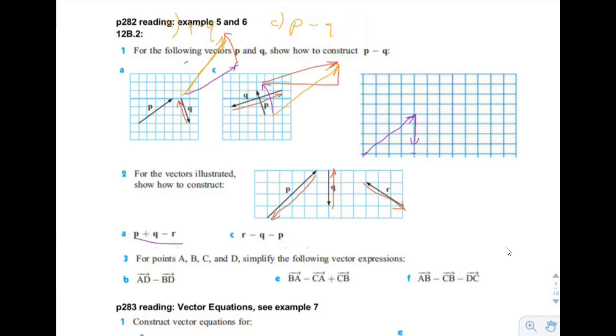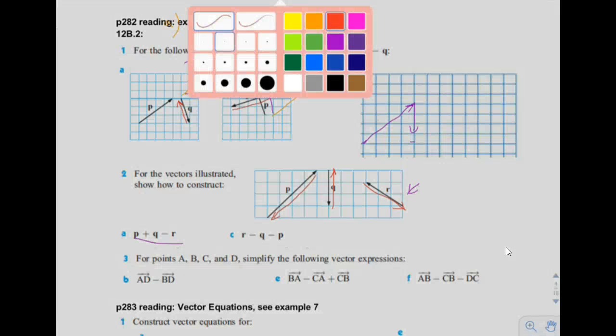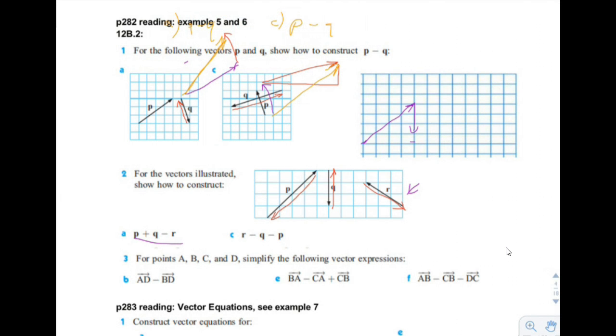And then minus r, we would follow the red arrow there. Oops, I drew it too low. Thank goodness for technology. So this one I'm going to draw red because it's a negative vector, and I'm going to make it 3 over and 2 down. Okay, and then the resultant vector I'm going to draw like that. Okay, so that was A.